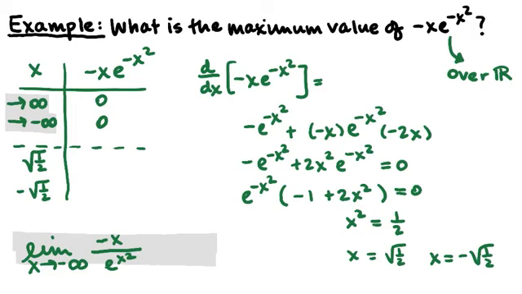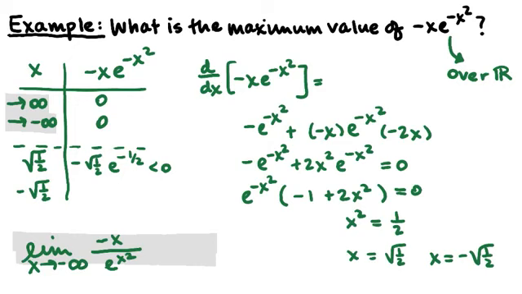Then, if I were to look at the square root of a half, I would have negative times the square root of a half times e to the negative, well, if I square it, negative half. Well, this is going to be a negative number, and that's less than 0, so this one is eliminated from contention. So I'm going to expect whatever output value I get when I plug in negative square root of a half, that's going to be the maximum value.